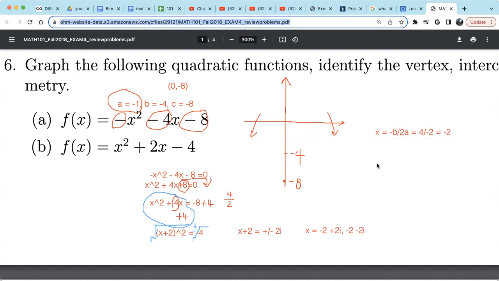So the x value is -2. Once I have the x value, I can find the function value or the y value by inputting -2 for x. So -2 squared minus 4 times -2 and minus 8. What do I get?